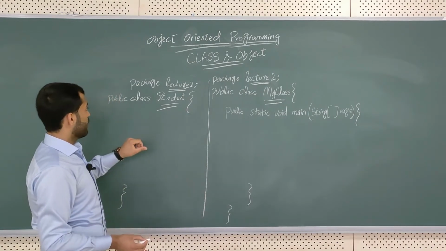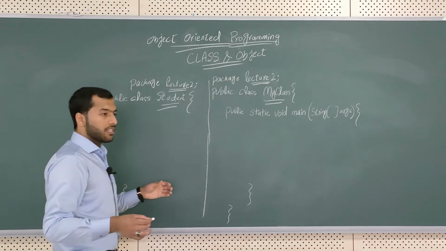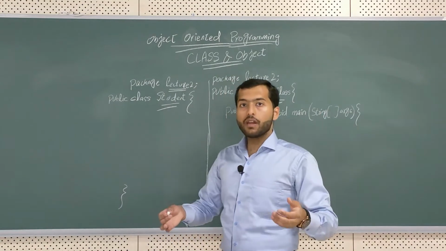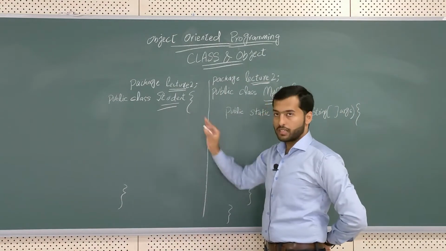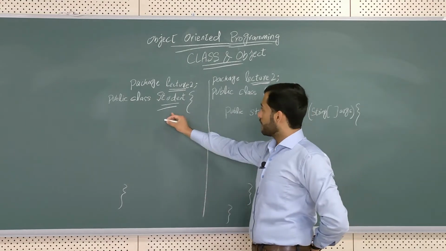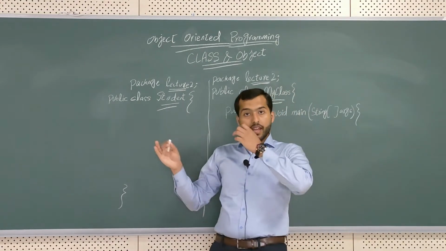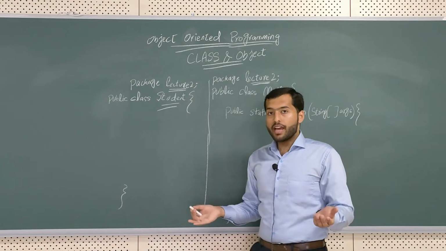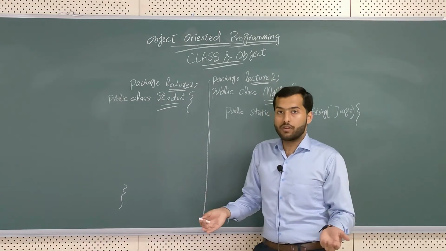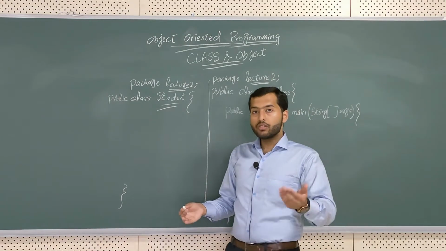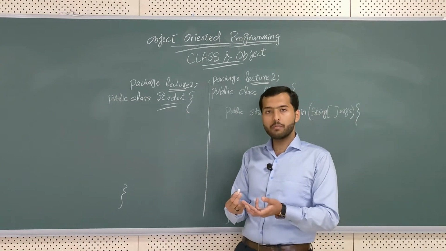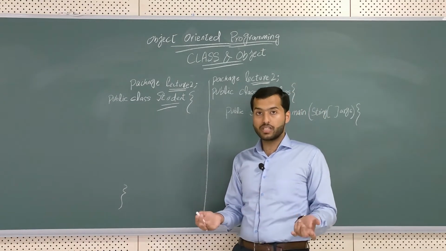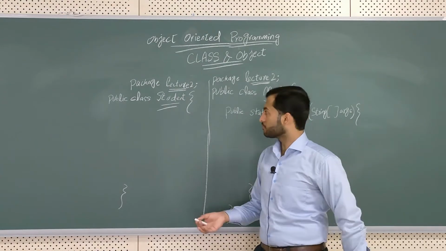In object-oriented, let's suppose I take the example of a student. I have created a student class. That class could have some members, for example member variables and member functions, methods I mean.